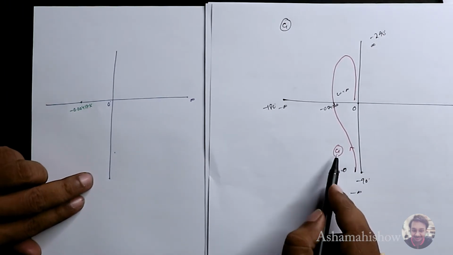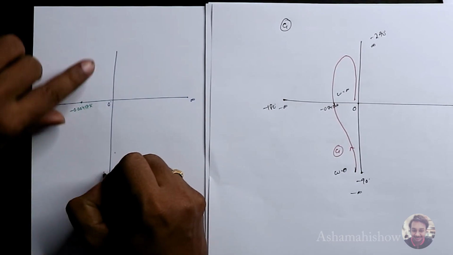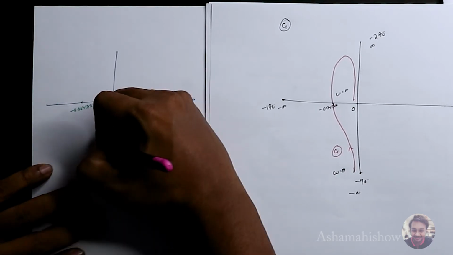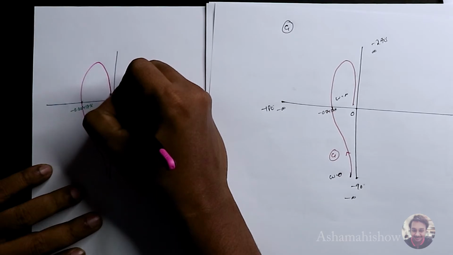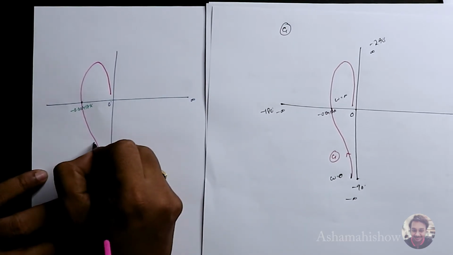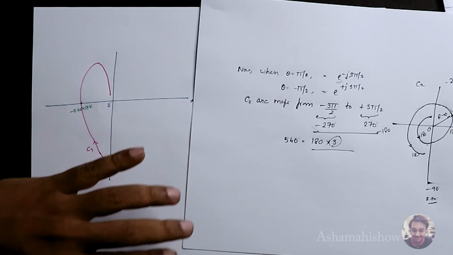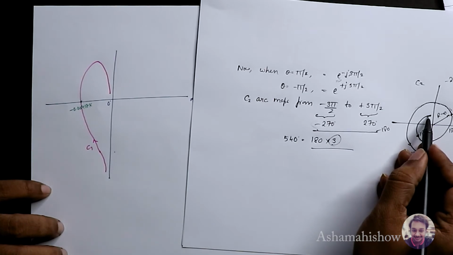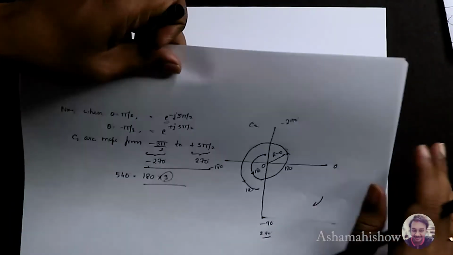I'll draw C1 now. C1 is ranging from minus 90, and it comes to 0. The same C1 I'll draw here. It comes to 0 again. So this is C1. Now take this paper out. Now I have to draw C2. See, C2 is starting with the 3 encirclements we got here.